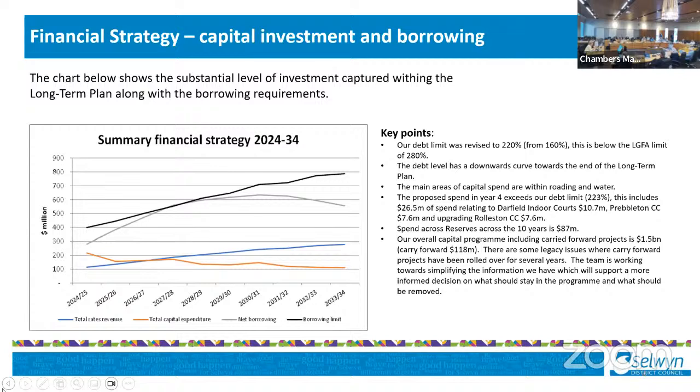I'm really proud of the work that the team have done in collating, for want of a better word, all of the capital projects. There has not been one central point where we've had all of the capital programme, and that's recently been pulled together, which has been quite a significant undertaking.